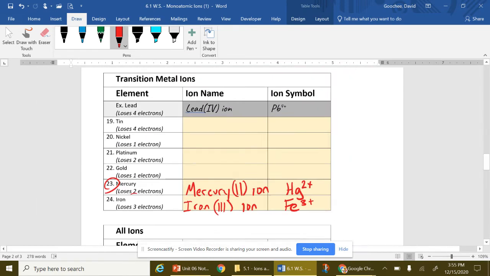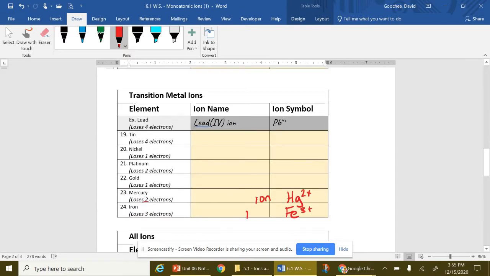So again, the way I frame this in class, most metals can form multiple different ions with different charges. So you need to put a Roman numeral after the name of that element in order to specify how positive it is. You need to tell me it's a mercury 2 ion because then I'll know it's 2 plus. If you just say a mercury ion, I do not know.